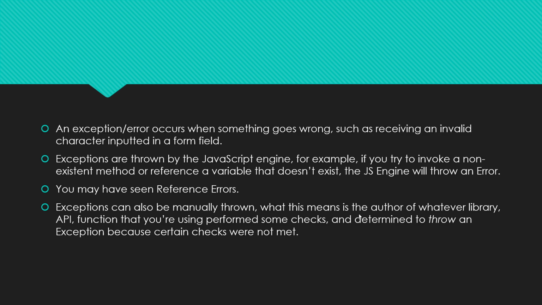Now, exceptions can also be manually thrown. What I mean by that is, let's say you're writing a custom function that expects only even numbers. If it gets an odd number, you might want to throw an exception that tells the user, hey, an error occurred, do not pass in odd numbers.